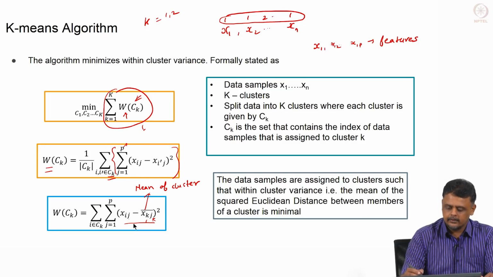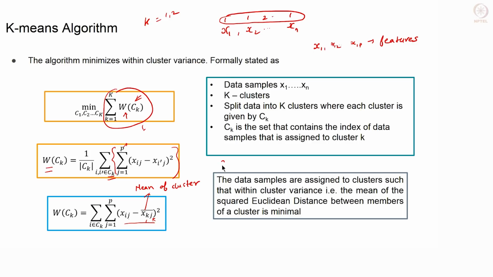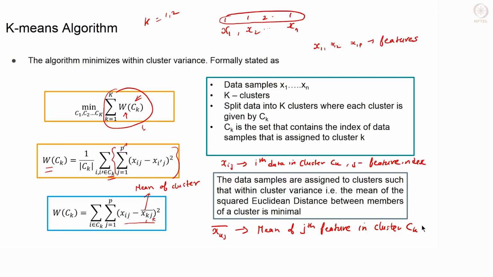I hope that is clear. So, xij is the ith data point in cluster Ck and j is the feature index. Similarly, xkj bar would be the mean of the jth feature in the cluster Ck. That is what we are trying to do here.